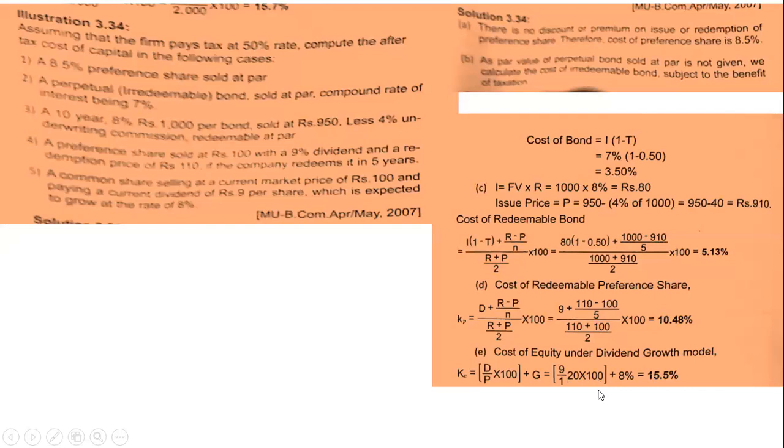And if we add the current growth rate, there is a growth rate of 8%. 9 plus 8, we'll be getting 17%. So now here the cost of equity under the dividend growth model is 17%, not 15.5%. It is 17%.